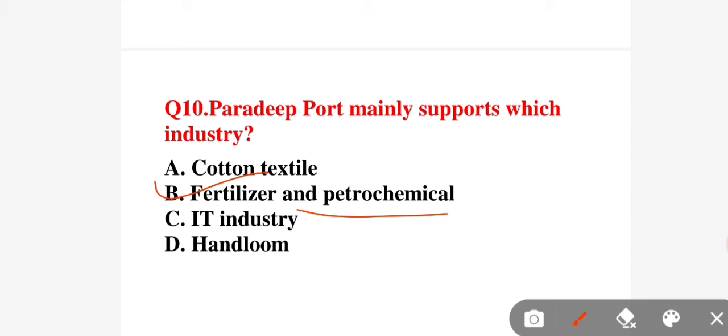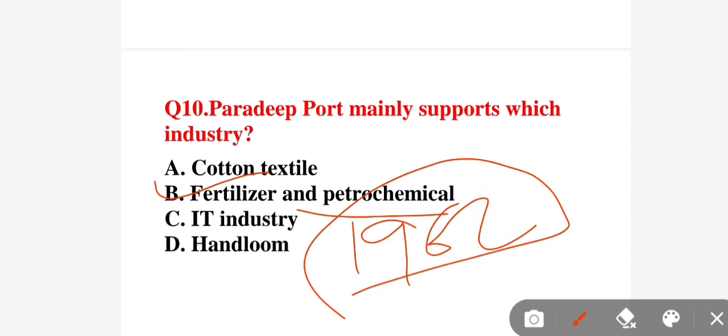Talking about Paradip port, it is an artificial deep water port. Can you tell me by whom it was founded? Yes, it was founded by the late respected Biju Patnaik, in the year 1962, our former chief minister.